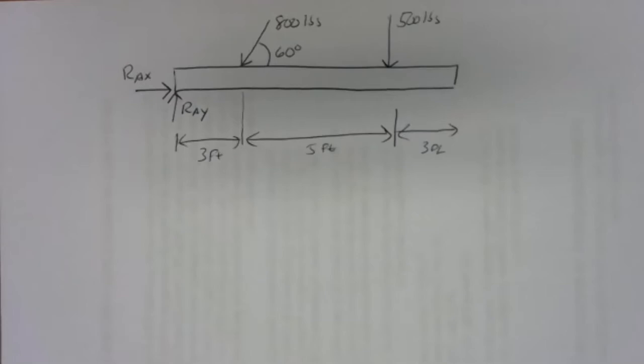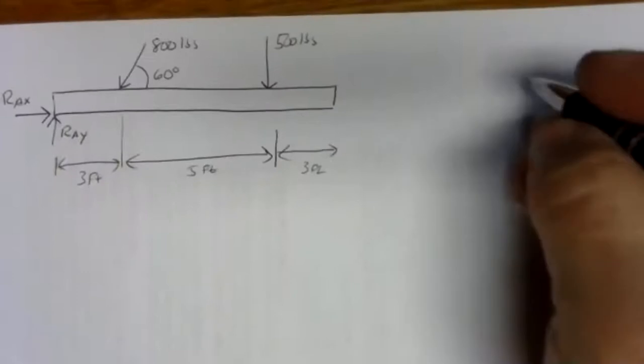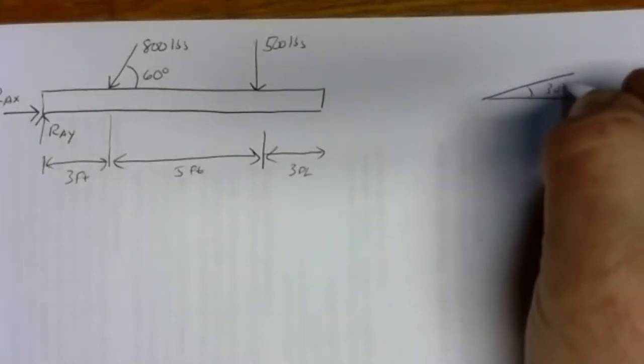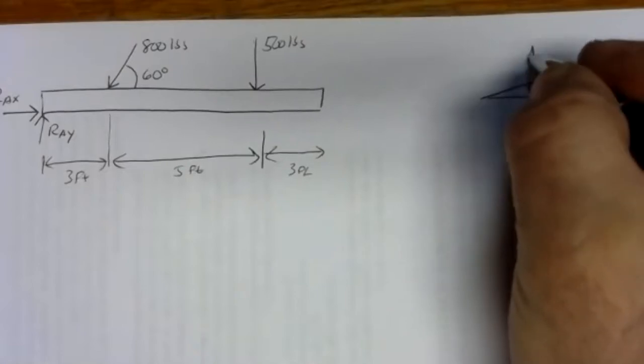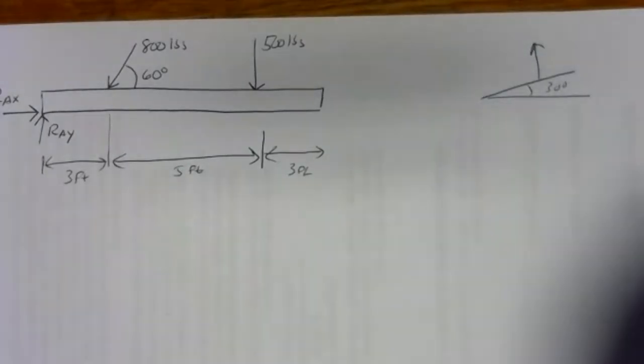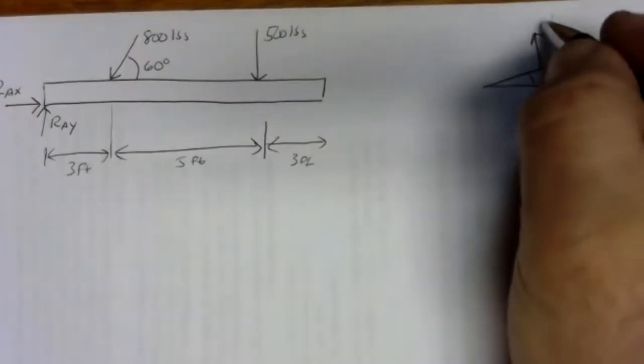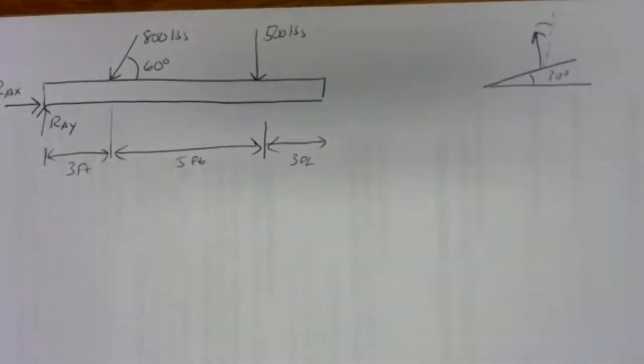It's going to be off of vertical by the same amount as the incline is off of horizontal. So if we sketch that out over here, our roller on this 30-degree angle is going to apply a force perpendicular to that surface. And so it's going to be 30 degrees off of vertical.